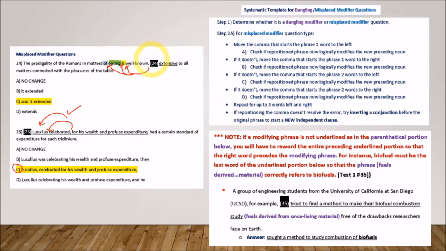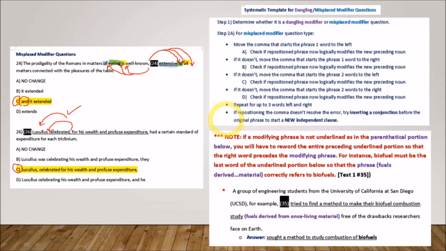And on the right side, we try moving the comma here, here, and here. But the new phrase again doesn't logically modify extensive to and all. Therefore, we must just insert a conjunction before the original sentence to introduce a new dependent clause, which only choice C does.